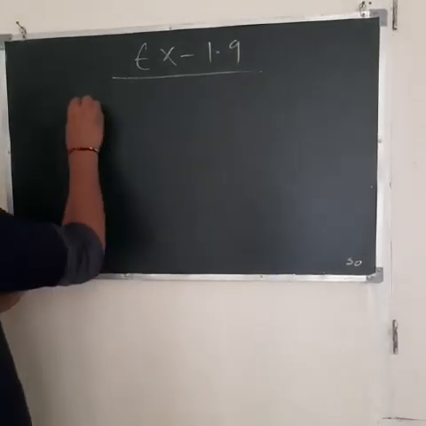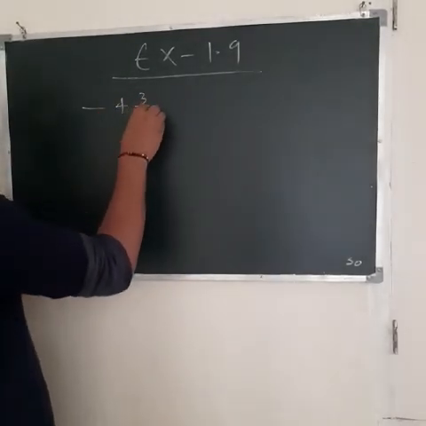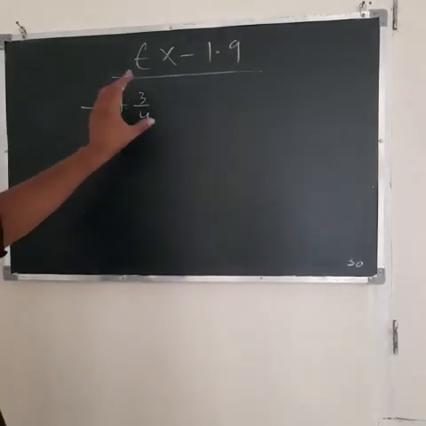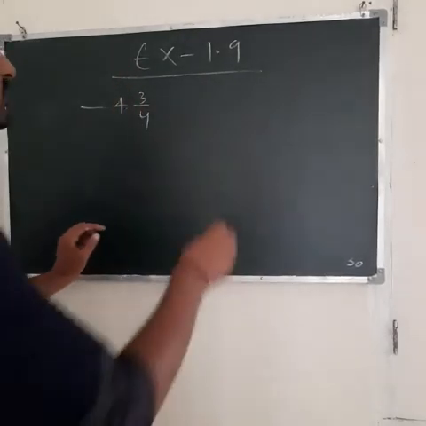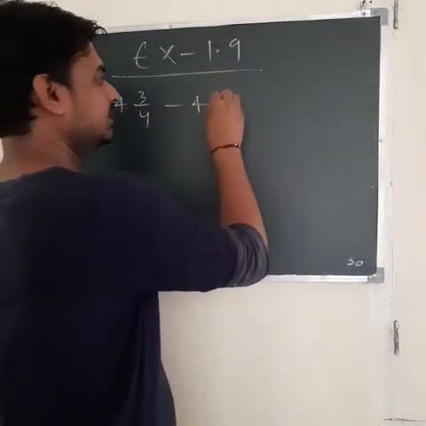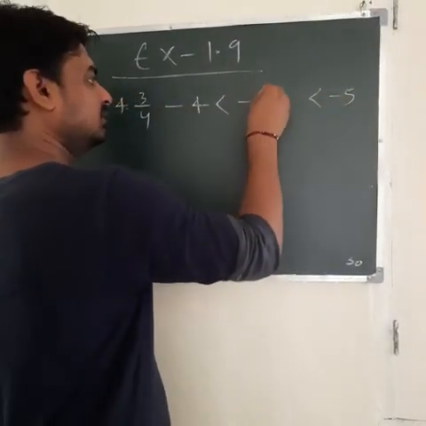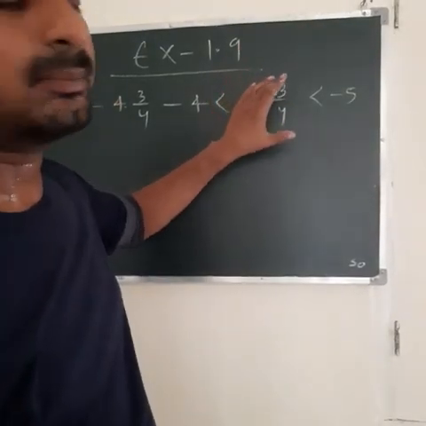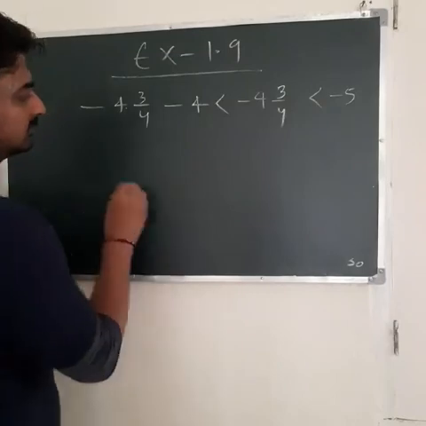Next we have to represent minus 4 into 3 upon 4. This is less than minus 4 but greater than minus 5. So minus 4 into 3 upon 4 is in between minus 4 and minus 5.